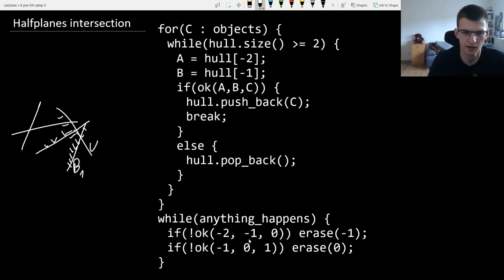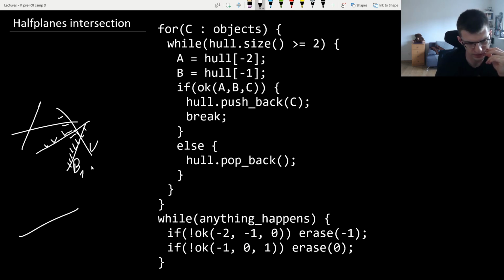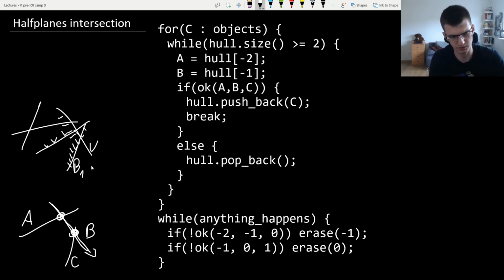And when we compared the x-coordinate, we used the fact that things go from left to right. And we need something better now, and that is actually what we need: for 3 lines A, B, and C, we need to check if along the line B, the 2 intersections, the one with line A and the one with line C, are in good order.